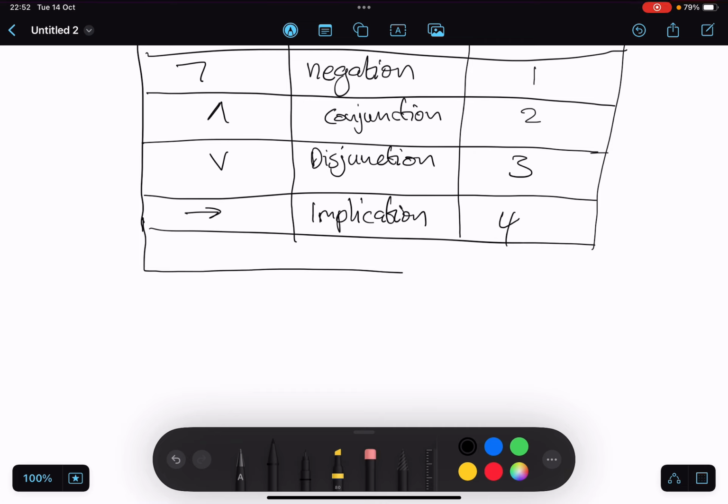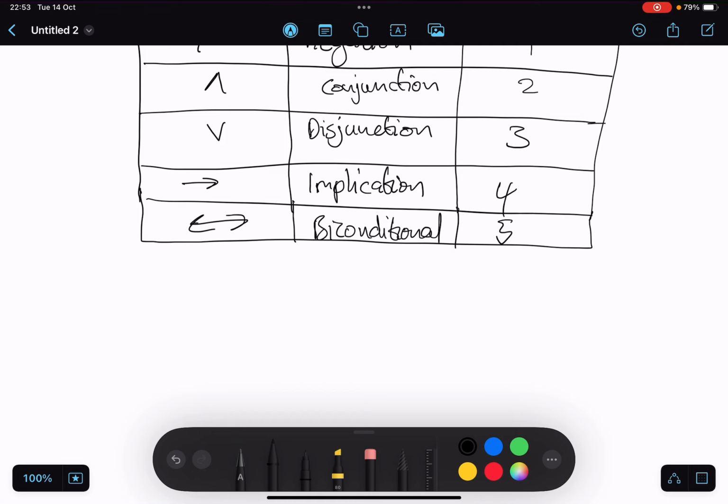And lastly we have the biconditional implication, which is 5.